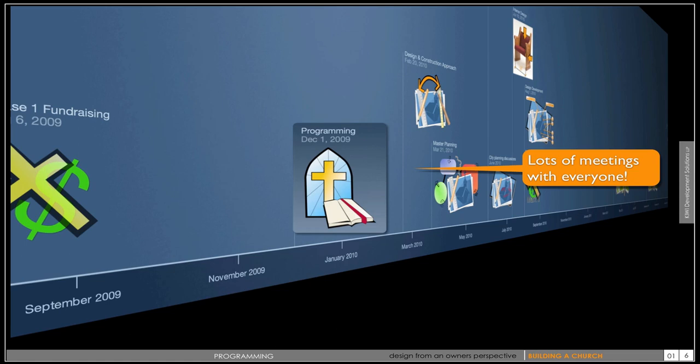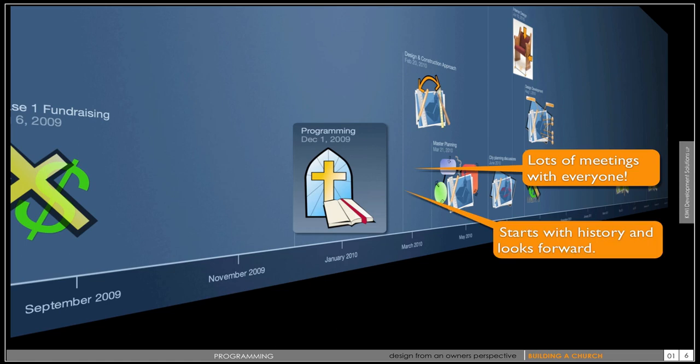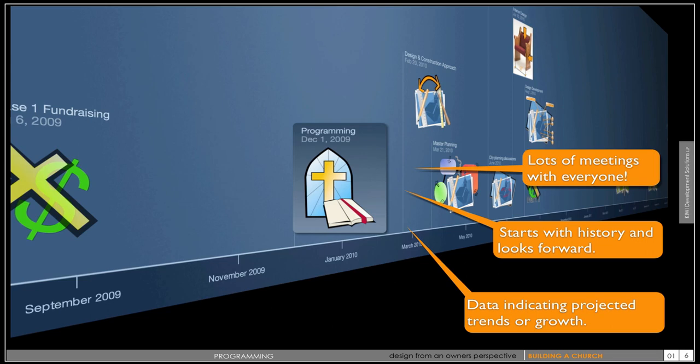This document does end up quite lengthy, and is outlining a numerical analysis of spaces and requirements for the future. So once the programming component has been completed, it allows some thought into how you really want to have the project best benefit the church.